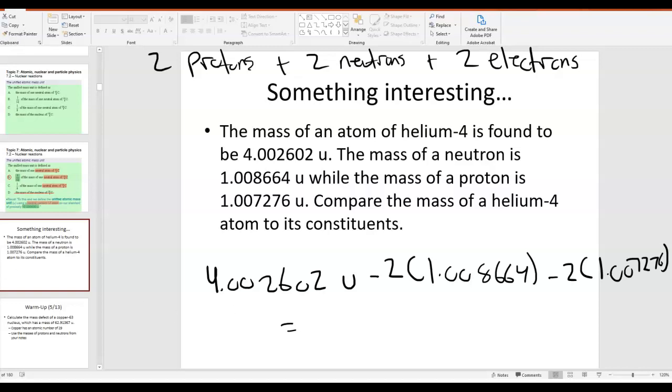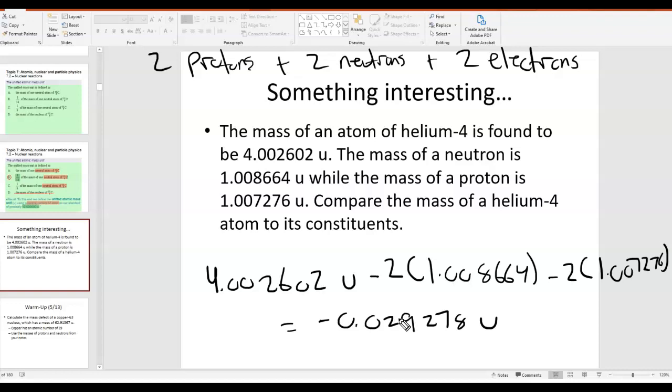And what I get is negative 0.029278 U. On these types of calculations, it's always best to not round until the very, very end of the problem. So for right now, I'm just going to write all the digits in my calculator just so you can see how small this number is.